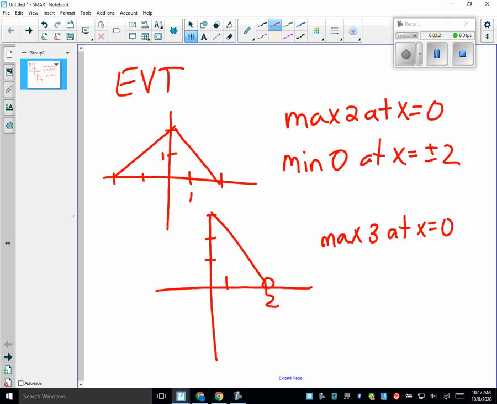There is no minimum. Agreed? Okay, we're good with that? Do we put no minimum, or do we put something? You don't have to put anything, because all it says is identify a minimum or maximum. I identified a maximum, there wasn't a minimum.